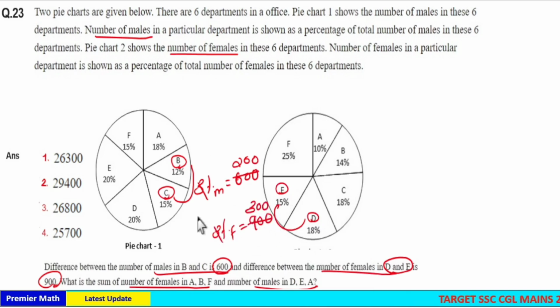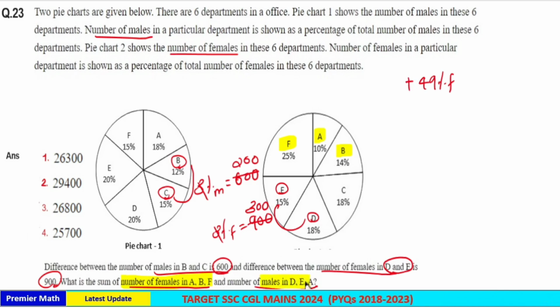So we have to find the sum of females in ABF, means A plus B plus F is equal to 25 plus 10 plus 14, which is 49% females. And males in DEA, which is D plus E plus A, is equal to 20 plus 20 plus 18, 58%.